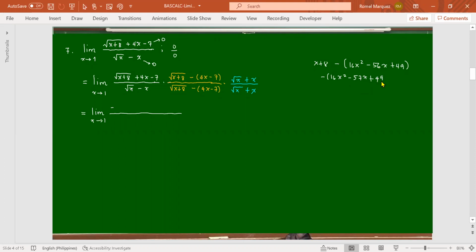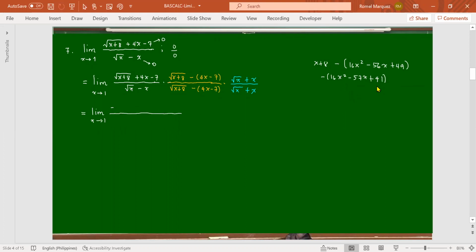Magiging 41. 49 minus 8, 41 po. Tama ba yan? Yes po. So negative of, anong factor niya?